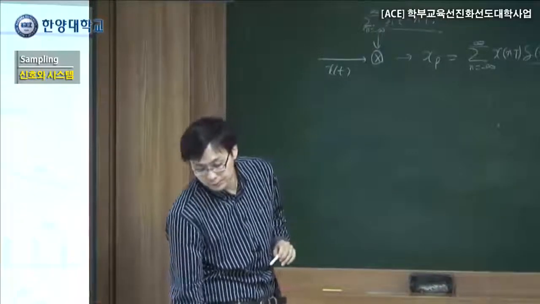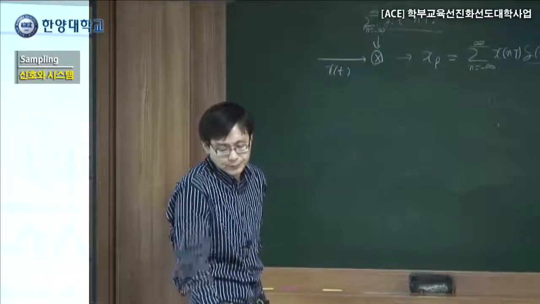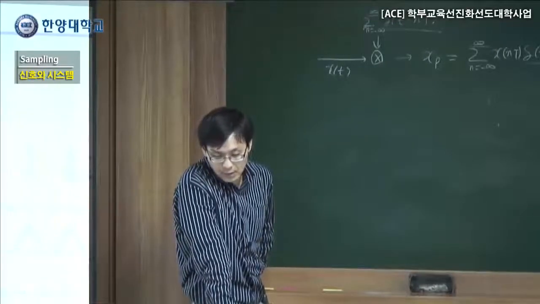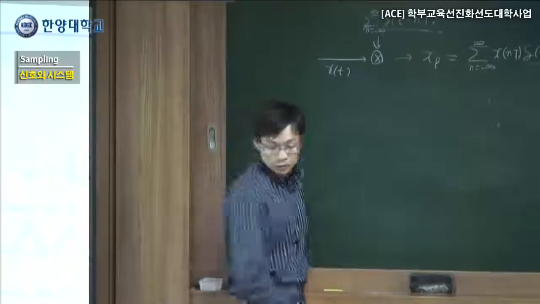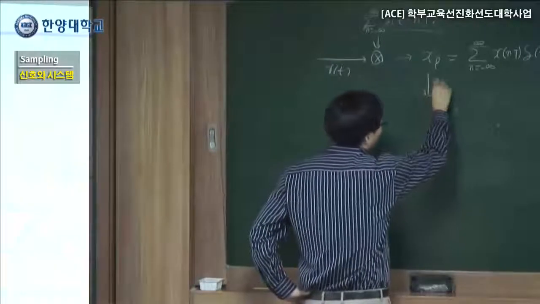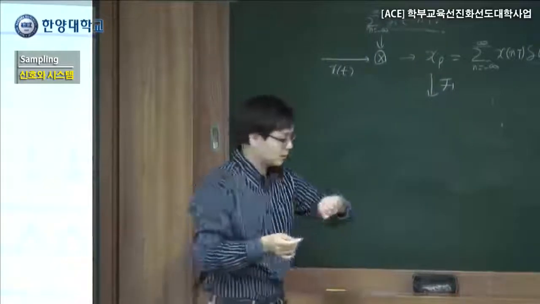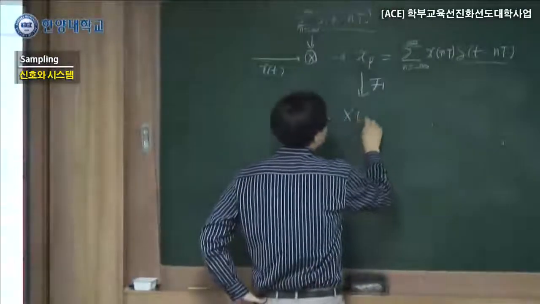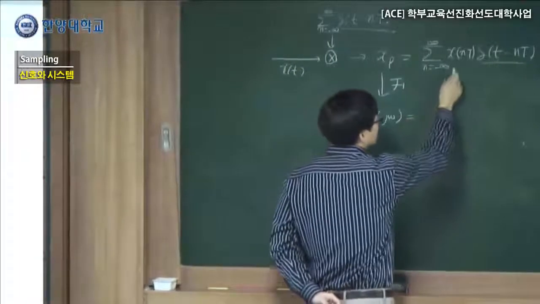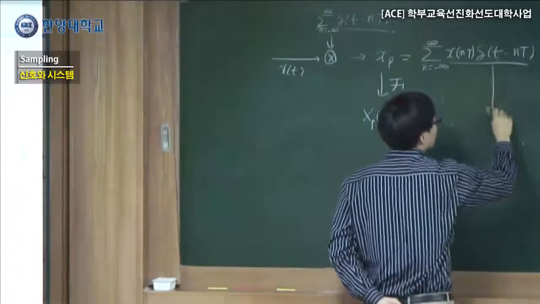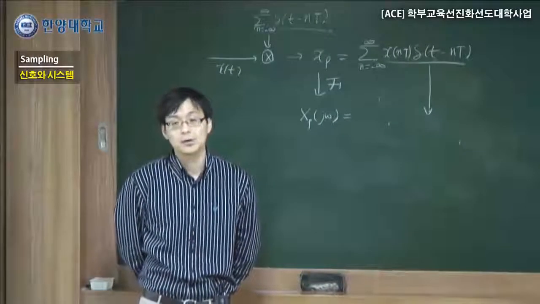So, in frequency domain, let's think about some frequency domain signal. When you do Fourier transform, then they will be given as X(jω), X_p(jω), and this multiplication becomes what?